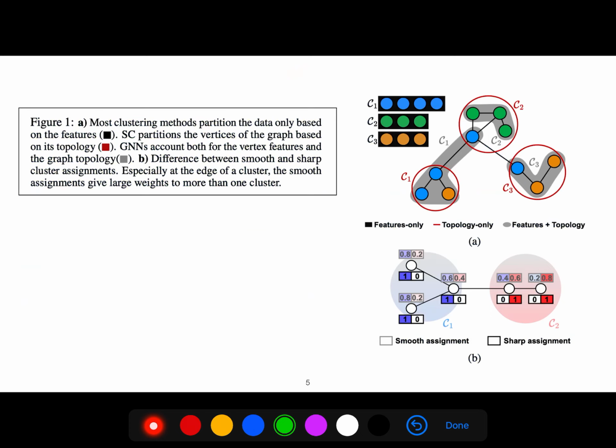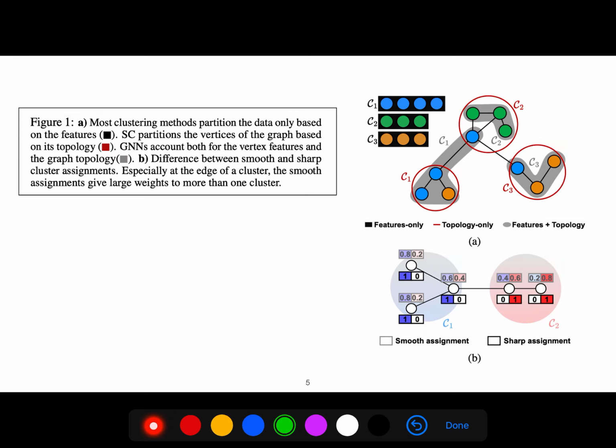So you see, most clustering methods partition the data only based on the features. And spectral clustering partitions the vertices based on topology.